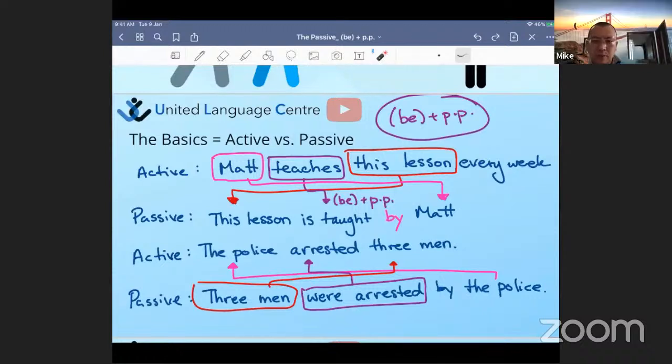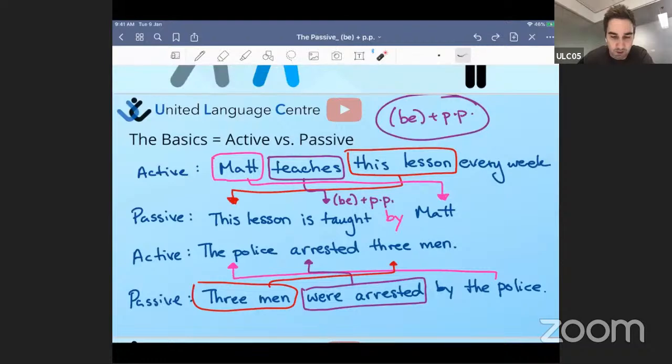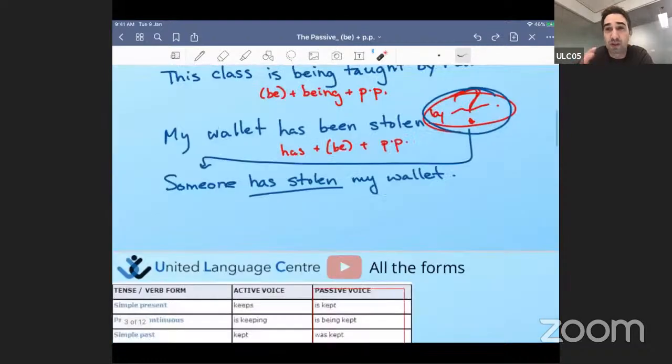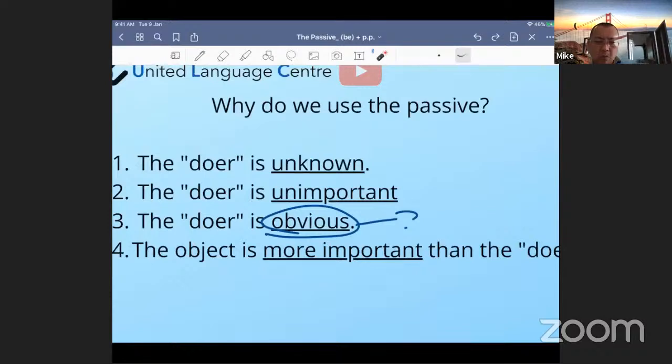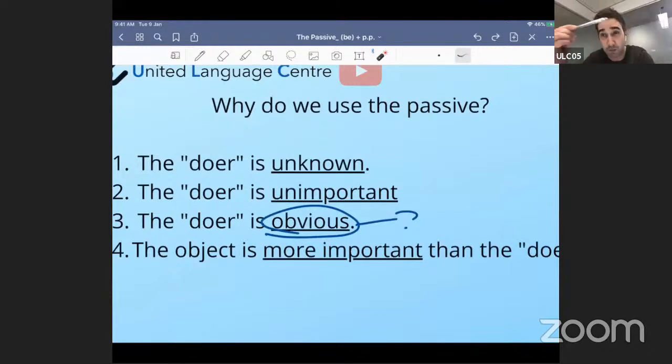Again, this is more when the doer is not so important. That's kind of when the doer is not the focus of the sentence. That's the most important time that we use it, and you use it every day. Anytime you see something made in China, made in Japan. I have a pen that says, in Japanese, made in Japan.